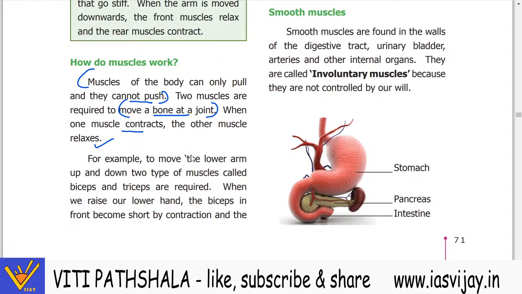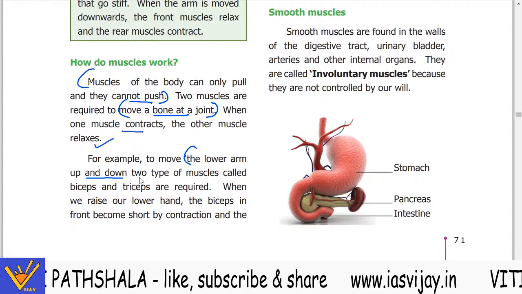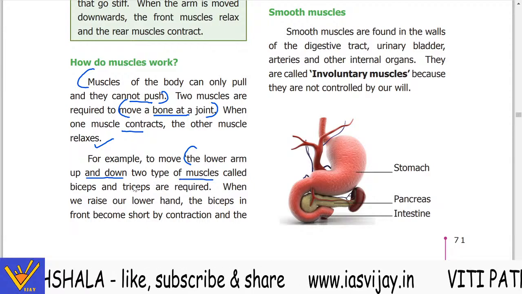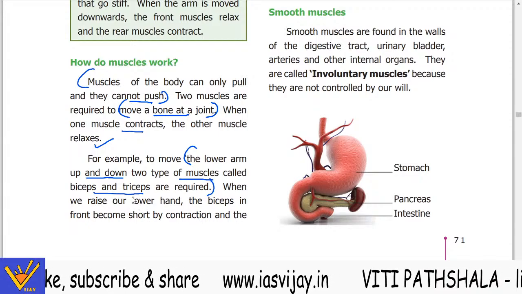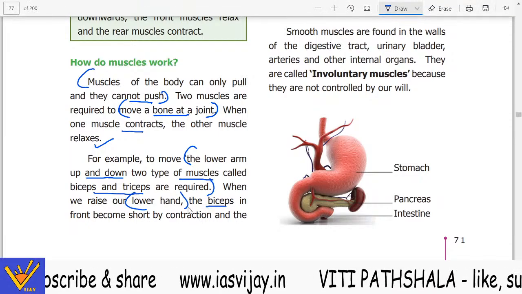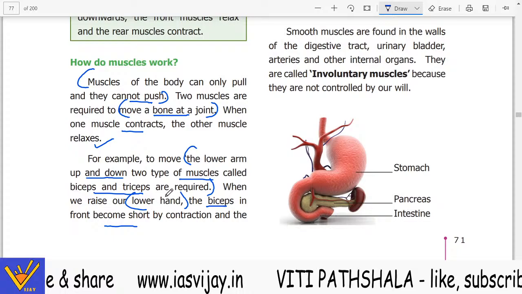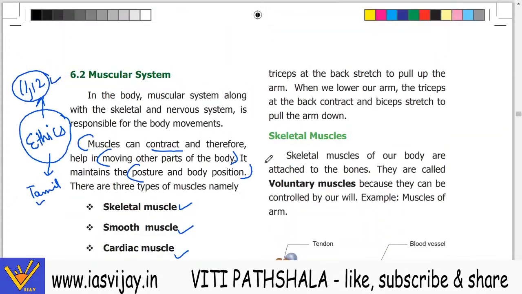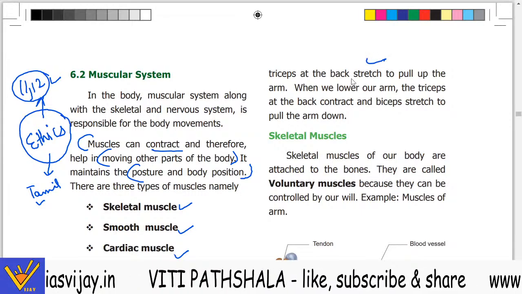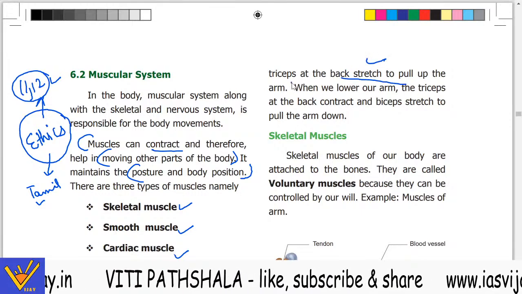Now for example, to move the lower arm up and down, two types of muscle called the biceps and triceps are required. When we raise our lower arm, the biceps in the front become short by contraction, and the triceps at the back stretch to pull up the arm.